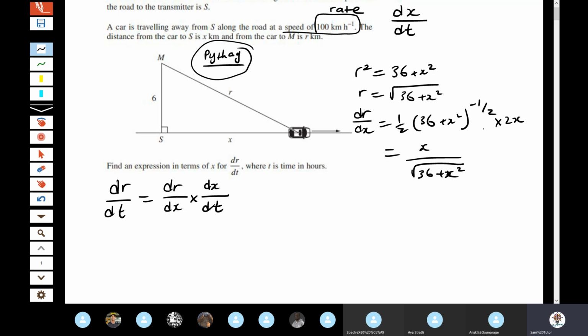Being extension students, we should be able to get to that line. You shouldn't leave it as negative half. And then you're done, aren't you? It says in terms of x. So dr on dt is x on root 36 plus x squared times 100. Finished.